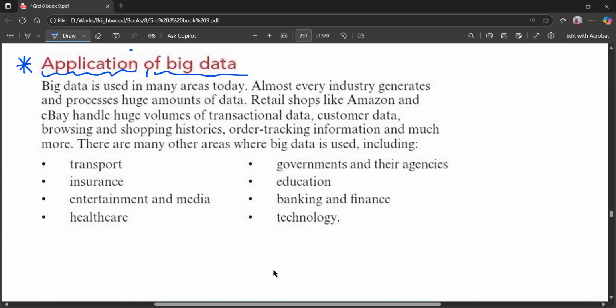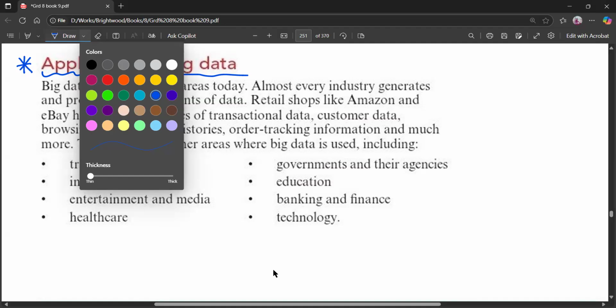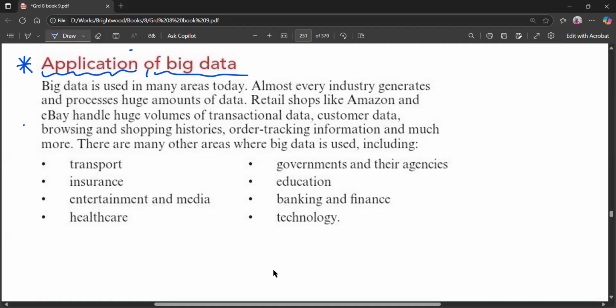Retail shops like Amazon and eBay handle huge volumes of transaction data, customer data, browsing and shopping history, order tracking information, and much more. Big data is used in many other areas, including transport, insurance, entertainment and media, healthcare, government and its agencies, education, banking and finance, and technology. Every area follows big data. Big data is used in many areas today.